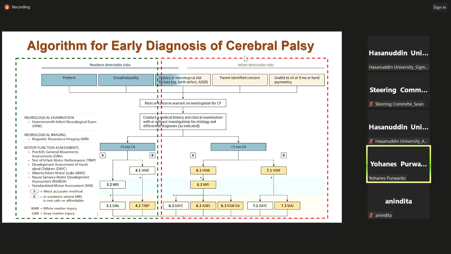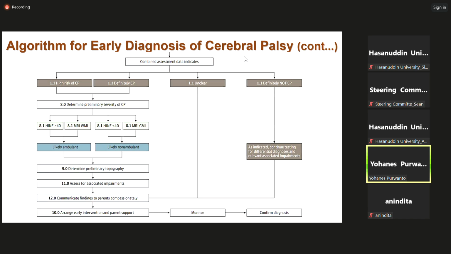And then for over 5 months, because the GMA is only conducted under 5 months, we need to change to motor assessment using AIMS or TIMP to make a motor assessment of the infants.